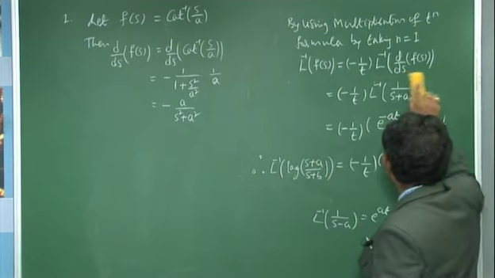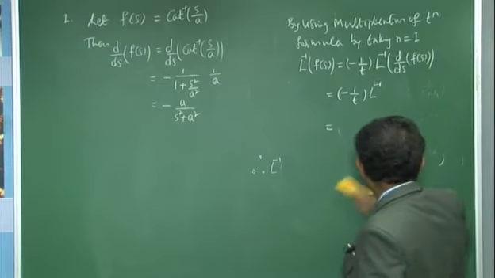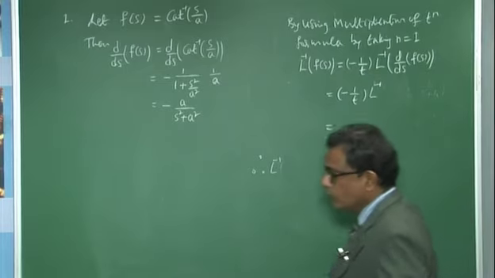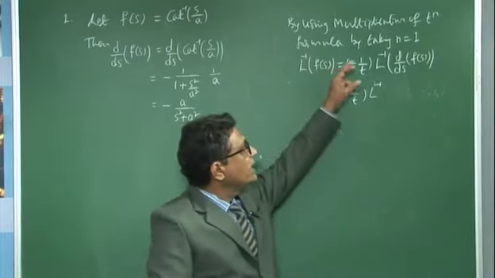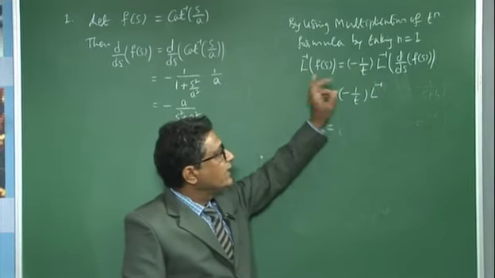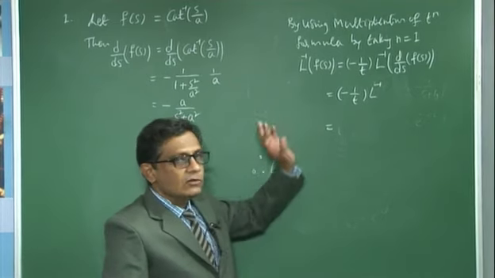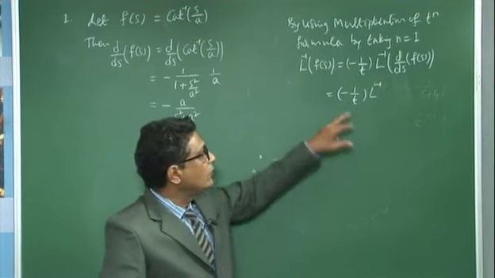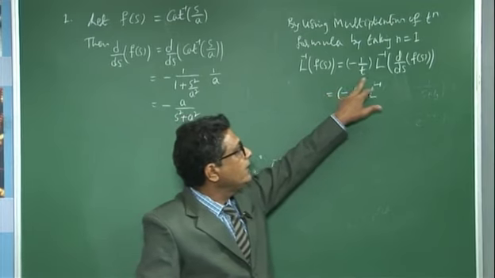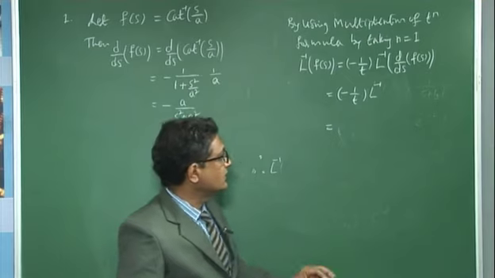Now, use the formula of multiplication by t raised to n. By taking n equal to 1, L inverse of f of s equal to minus 1 by t L inverse of d by ds of f of s.